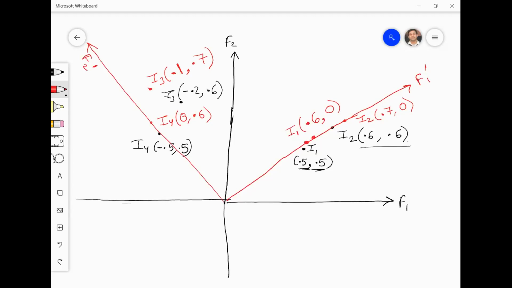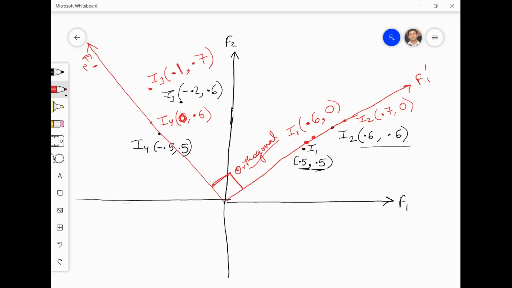So now it is very clear after this rotation that I1 and I2 belong to factor 1 and I3 and I4 belong to factor 2. So this is what rotation achieves, and this kind of a rotation is called an orthogonal rotation.